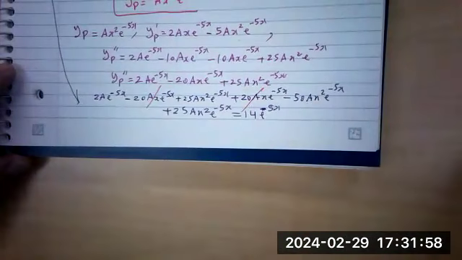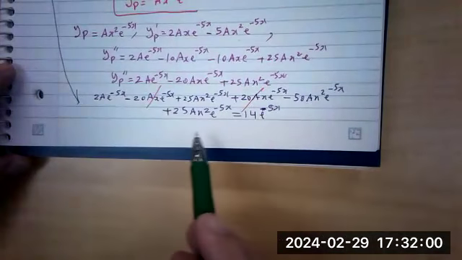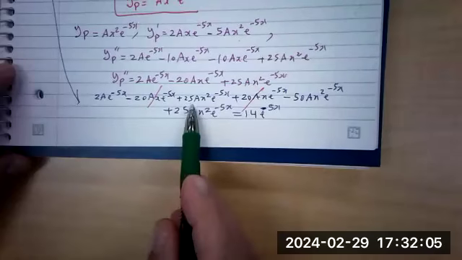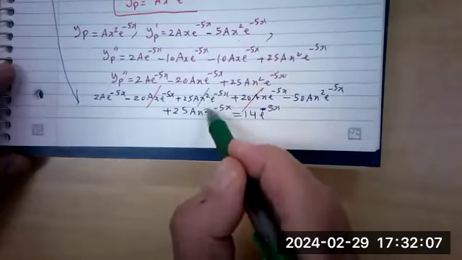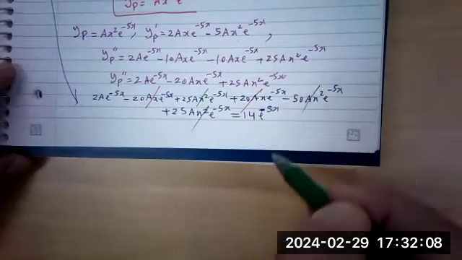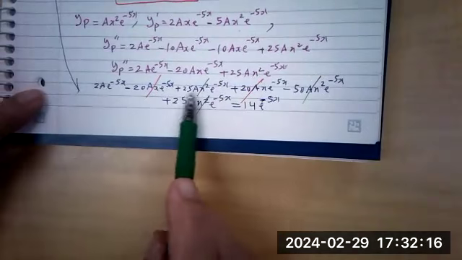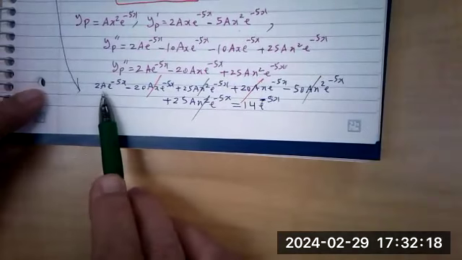Always the case. And the x squared must cancel out as well: you have a positive 25 and a positive 25, that gives you 50, and the negative 50 will cancel out. So the leftover must be only the constant term, and the only leftover is going to be this one.